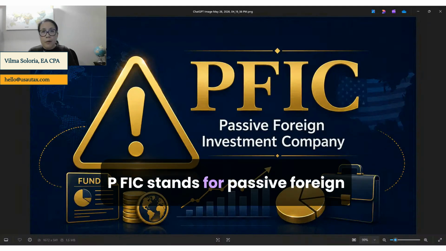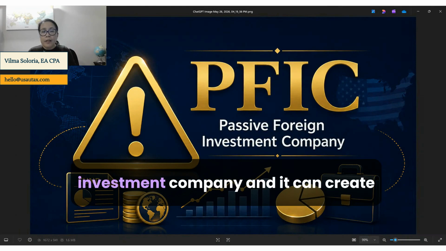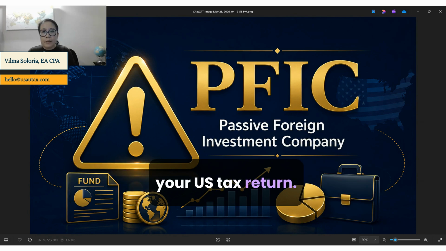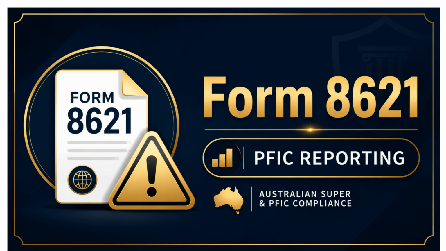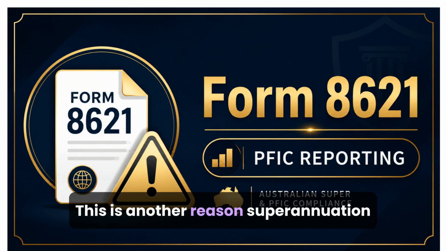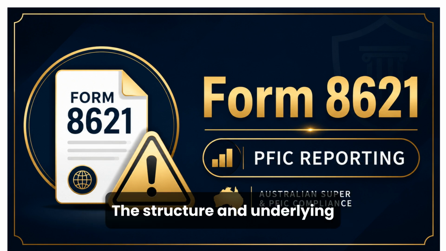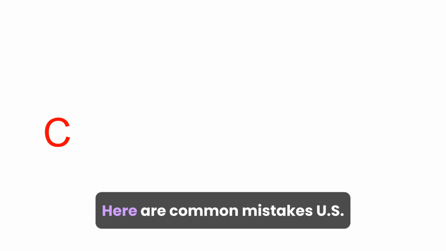PFIC stands for Passive Foreign Investment Company, and it can create complex reporting and tax outcomes in your US tax return. This is another reason superannuation should not be treated as a simple checkbox. The structure and underlying investments may matter.